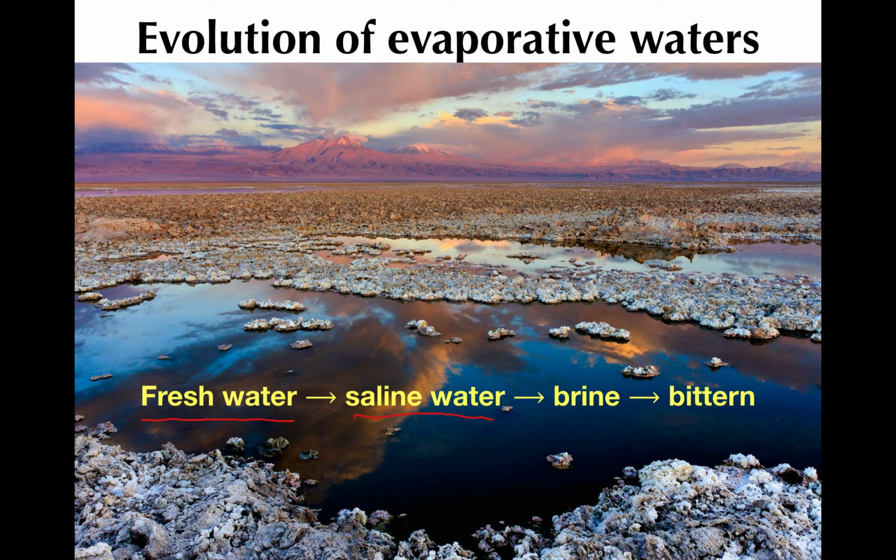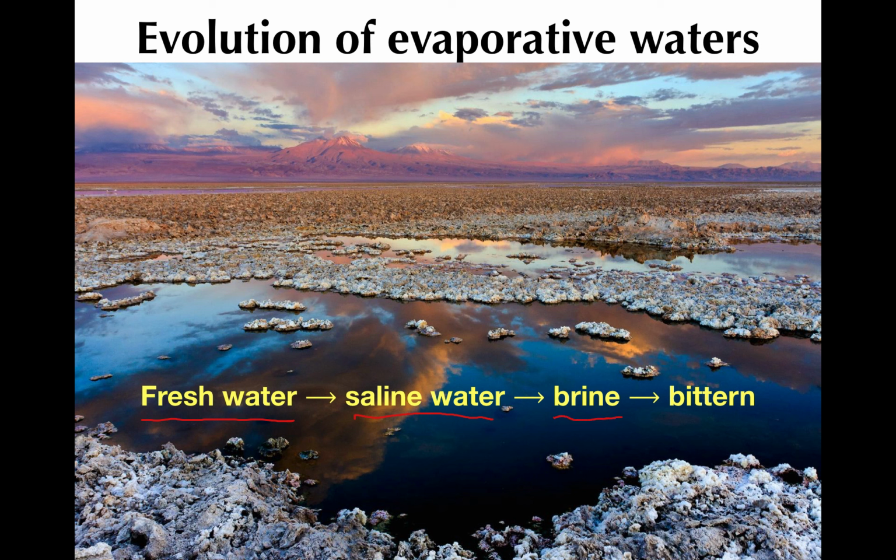And any lake, if it's left in a situation where evaporation exceeds the addition of new fresh water to the lake, will evolve in this way over time to a saline lake, and if evaporation continues to shrink the lake, it'll eventually evolve to a very dense, heavy brine.